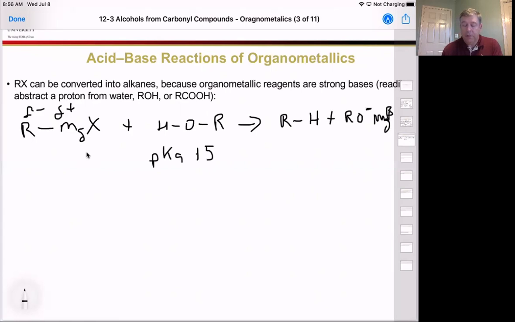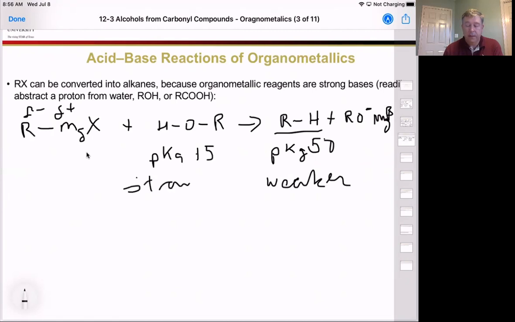Okay, so if we look at the pKa of our most acidic species on the product side of the thing, we see our pKa of alkyl hydrogen is actually at 50. Okay, so that means this is the weaker acid, and this is the stronger acid. Therefore, the reaction will go in that direction to form the weaker acid.